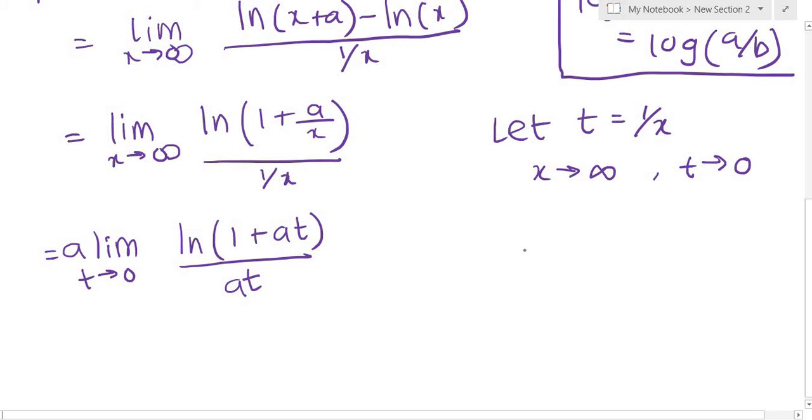And finally, as t goes to 0, at definitely goes to 0. The identity is satisfied and we are just left with a, because this thing just becomes 1.